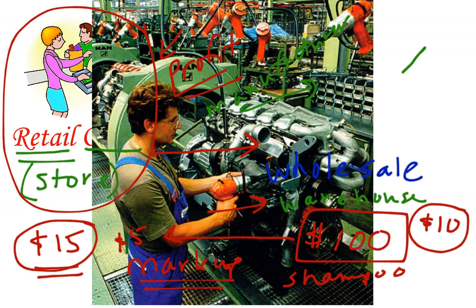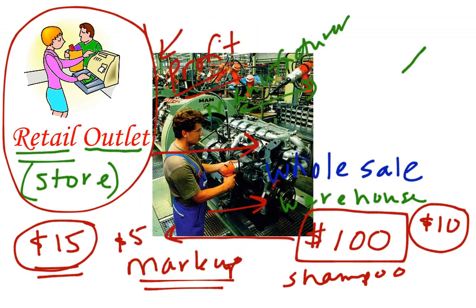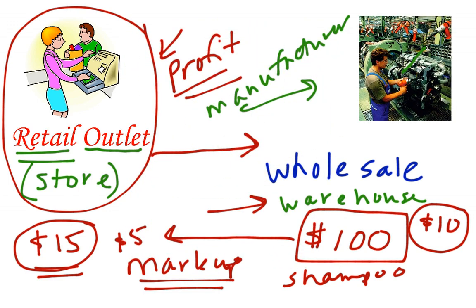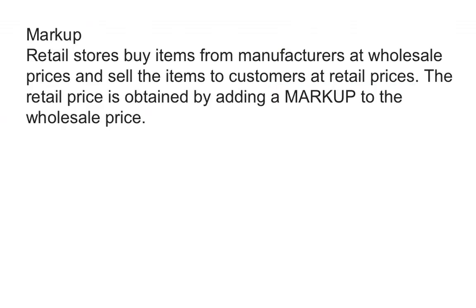So sometimes the store will buy their products directly from the manufacturer. I don't know what they're making. So you either buy it from a warehouse or a manufacturer, but either way you're buying it at wholesale prices that are cheaper than what you're going to charge your customers. Okay, so key information.